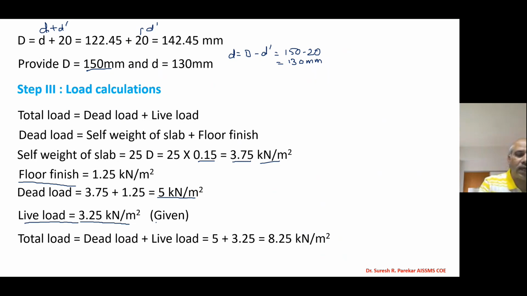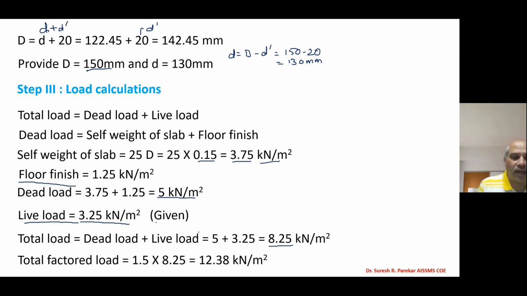Then we have total load, that is dead load plus live load, so 5 plus 3.25 is 8.25 kilonewton per meter square. Then we go for total factored load. So we have 1.5 into 8.25, which gives me 12.38 kilonewton per meter square. So this will be my third step, which is load calculations.